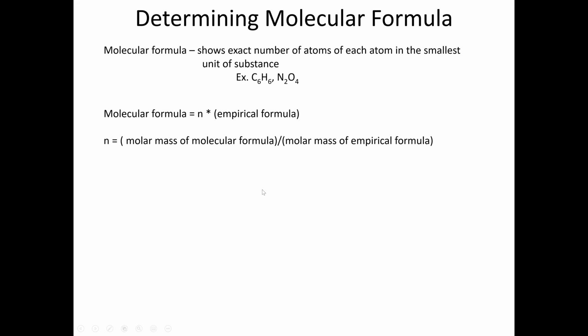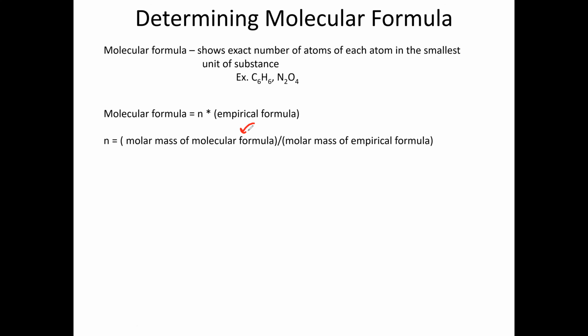Once we calculate the empirical formula, we're going to multiply it by some value n. Typically, n is an integer, I would say the majority of the time. And so n times the empirical formula gives us our molecular formula. So that's a good question: how do we calculate n? The way we calculate n, we take the molar mass of the molecular formula.